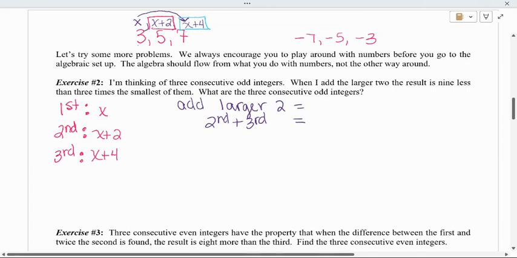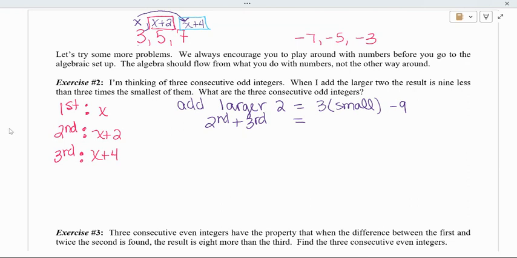That means equals, right? The result is 9 less than 3 times the smallest. So 3 times the smallest minus 9. So now we're going to plug that idea in using our expression.